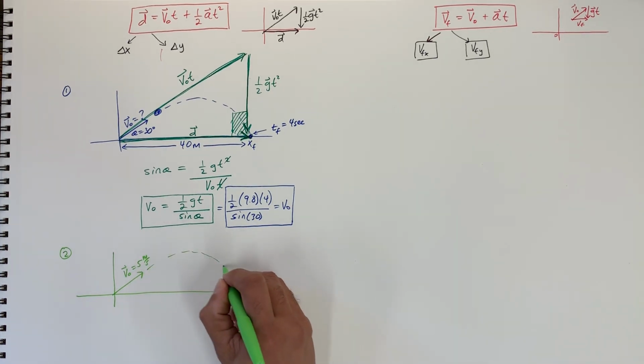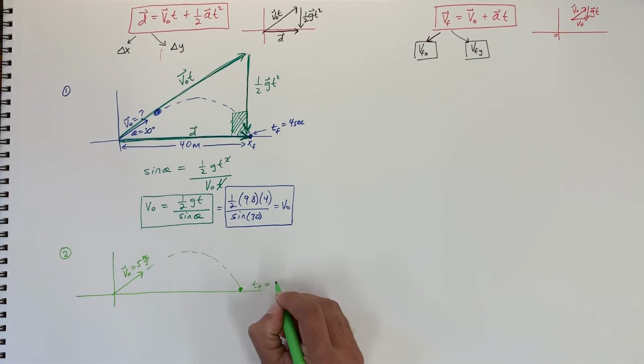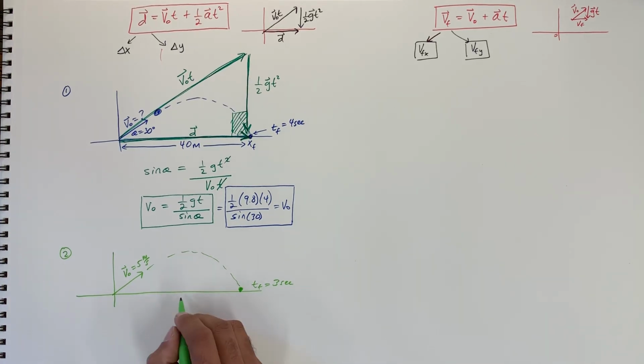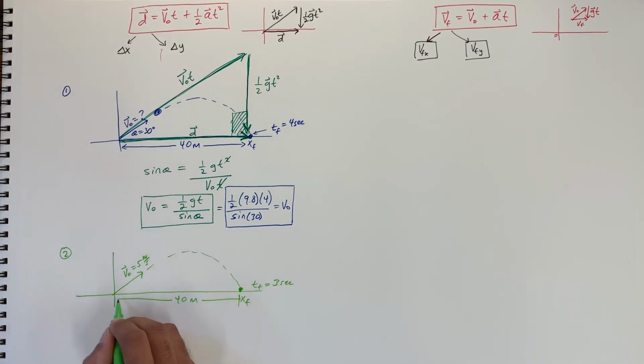Okay, so it flies, it lands here, and it lands there at t final equals 3 seconds. Okay, this is 40 meters away. So here is x final, and this is where it originated from, at an angle that we don't know.